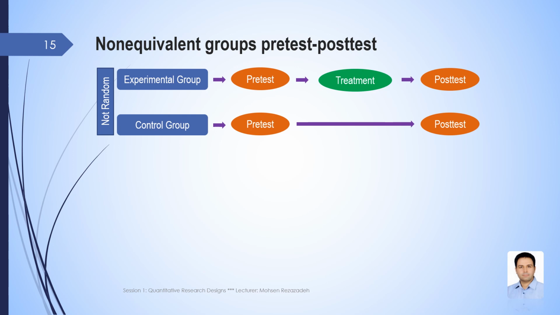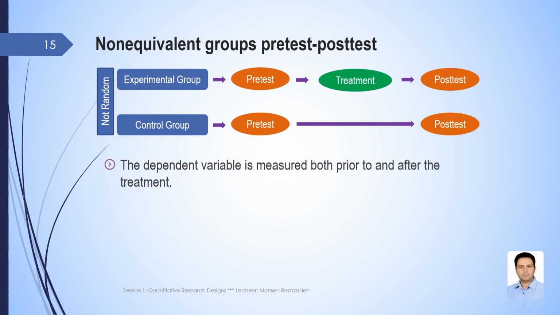The dependent variable here is measured both prior and after the treatment. This is the major difference between non-equivalent groups pretest-posttest design and non-equivalent groups posttest-only design. In this design, there is more confidence that the results are due to the treatment.